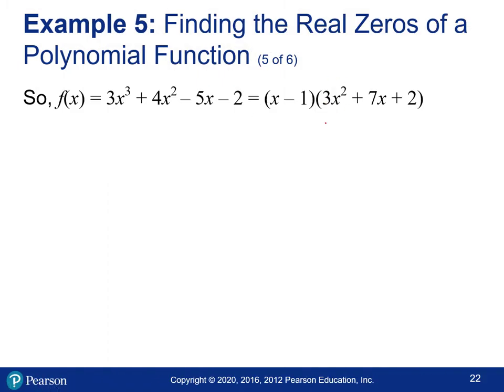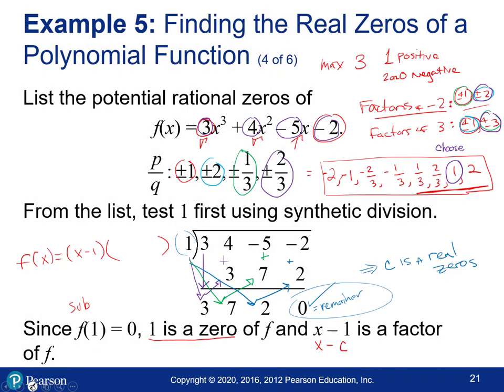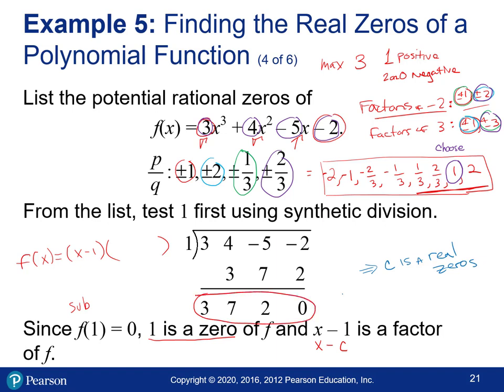Once you find one of the factors, then the rest of it starts to get much simpler. So this part here, I want to show you where this came from. Let's go back to what we just did. That was from the third row of our synthetic division. If you did long division, you would get the same thing, but if you use synthetic division, this is what's left over when you divide.